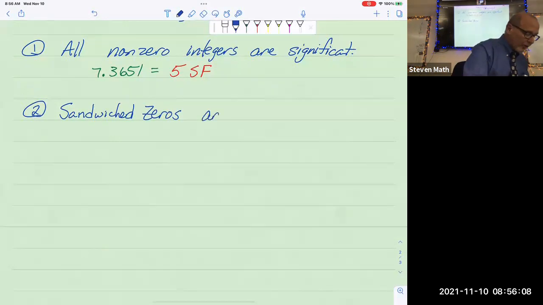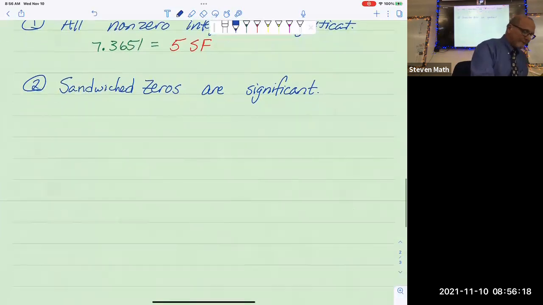Sandwich zeros are significant. Here's what we mean by that. What are they sandwiched by? They're sandwiched by integers. They can also be sandwiched by a decimal.